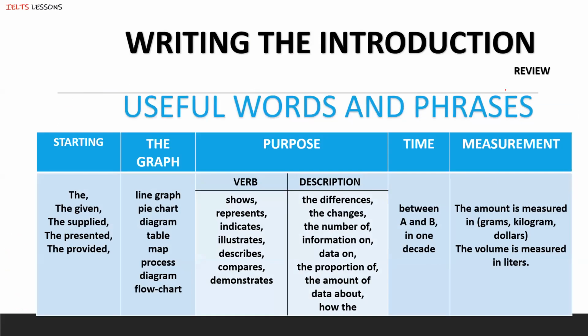There are other useful words and phrases which you can check from our IELTS training course book. We have useful words and phrases to start the graph, what the graph is, the purpose, time, and measurement. For example, the supplied table represents the changes of something between A and B in one decade.